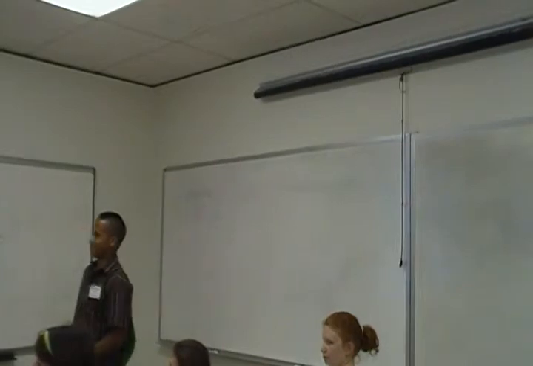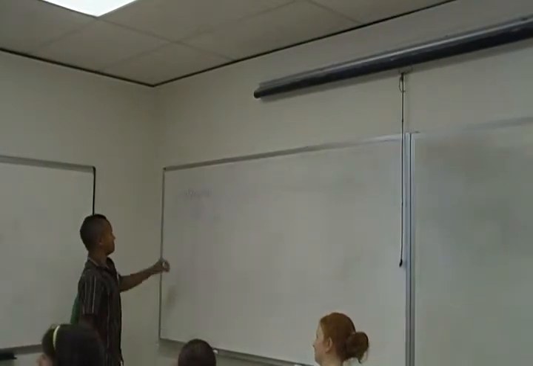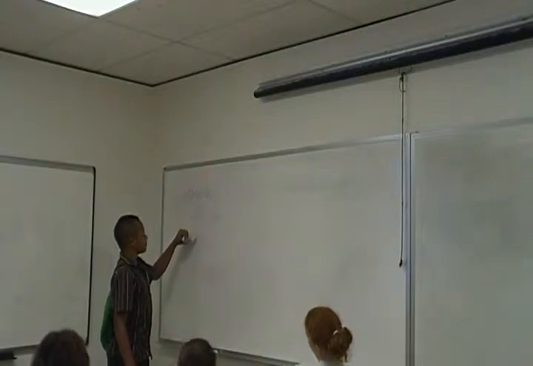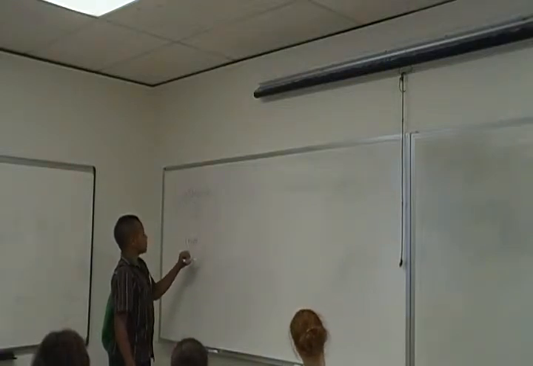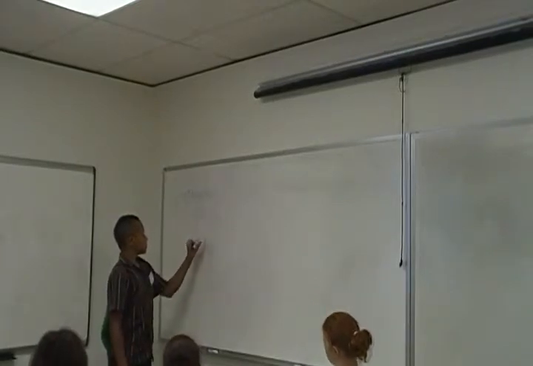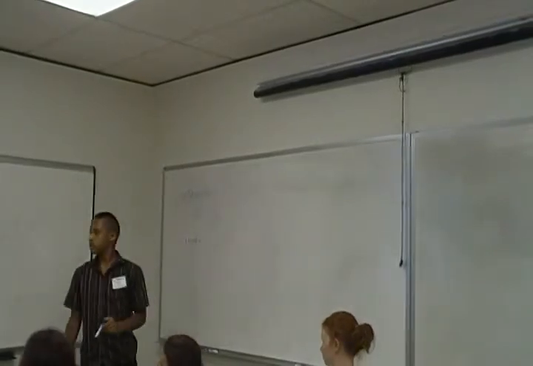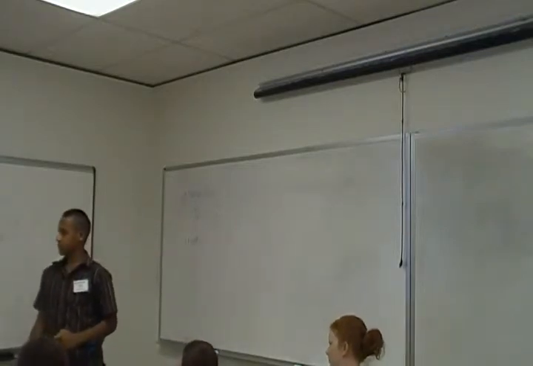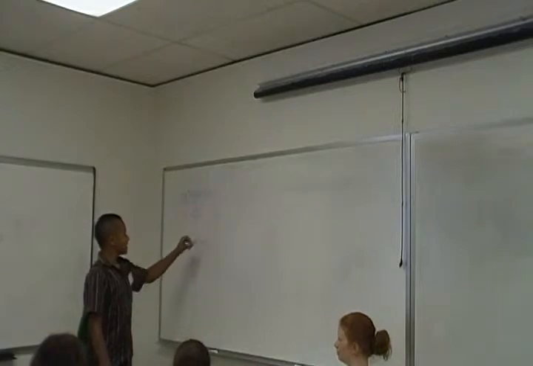Cotangent. Okay, next line. What is another name for 1 over sine squared? Cosecant.